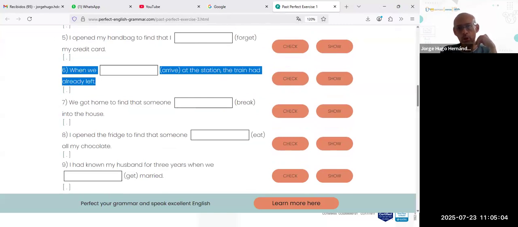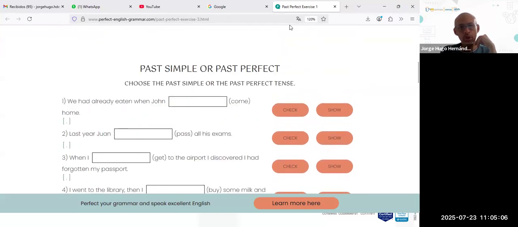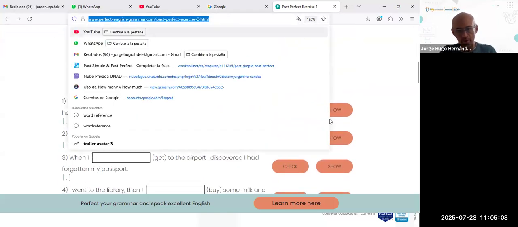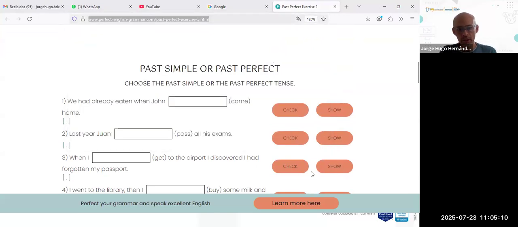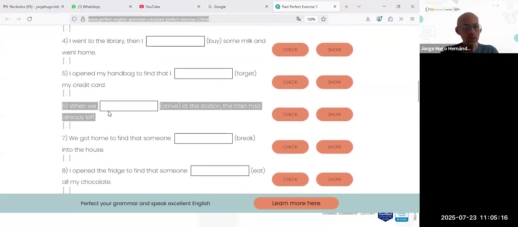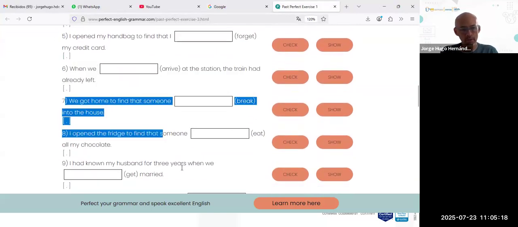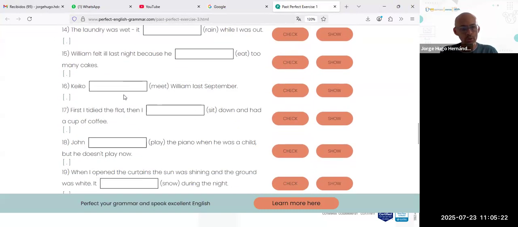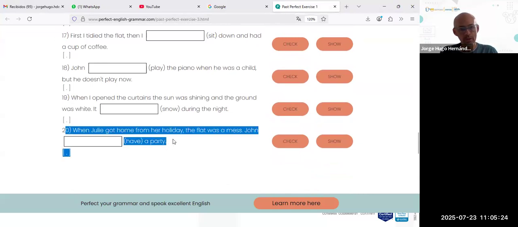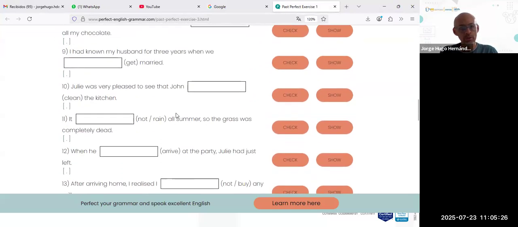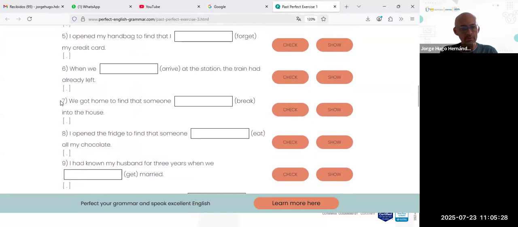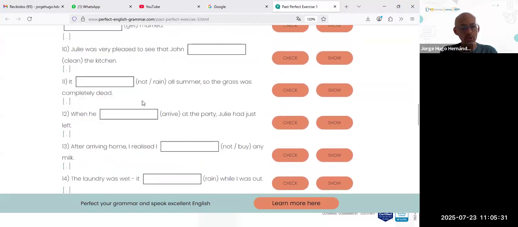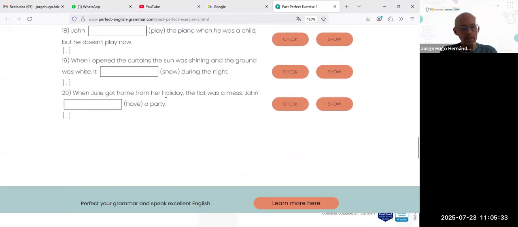So I'm going to share with you this link. In the chat you can find the link of this exercise, and you are going to do it on your own, from number 7 to number 20. You are going to complete the sentences from sentence number 7 to sentence number 20.